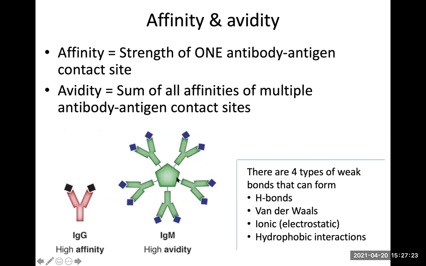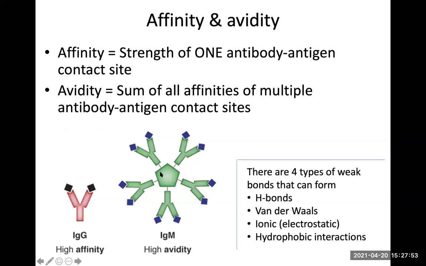Now, avidity is the sum. When you have something like this monomer, also think about how many hundreds of thousands of antibodies you would actually have, then you want to think about the cumulative effect, the sum of all of the affinities. Maybe you have a medium to low affinity on one pentamer, but you have 2, 4, 6, 8, 10 binding sites on just one.